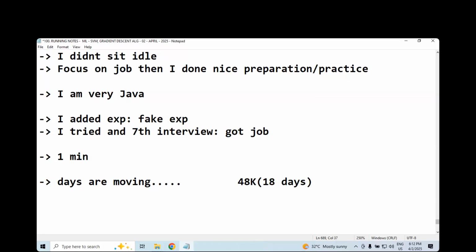After 2.5 years with no job, that was salary day. I got a message that 48,000 was credited to my account, and trust me, that day I cried.